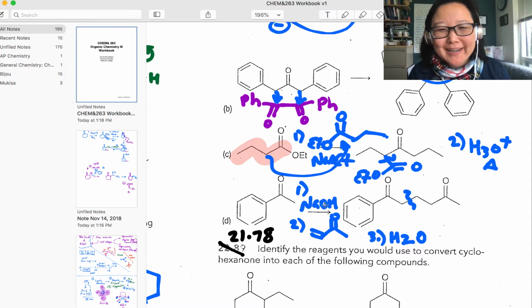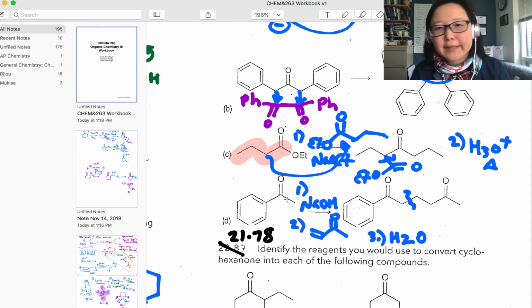So anyway, here we're doing a Michael addition. And the thing is, though, we talked about Michael donors and Michael acceptors. This is a good Michael acceptor. That means it's a good electrophile for the Michael addition. But this is not a great nucleophile. This is a little bit harder nucleophile than if it had 2 carbonyl groups.